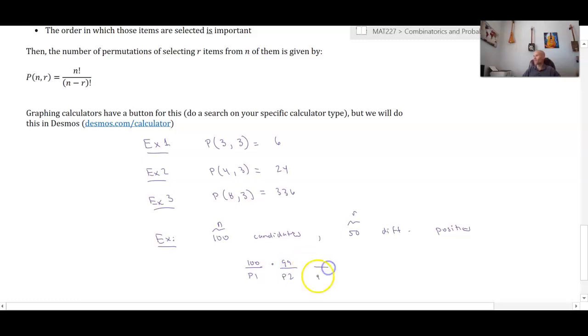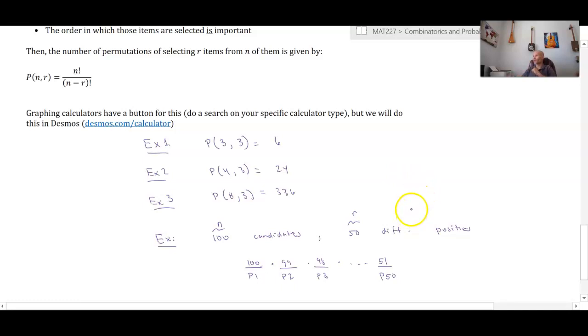And then for position 3, we have 98 candidates. You can see there's 50 of them. So this is actually going to have to go down to person 50, which, by the way, this is not going to be 50. This is going to be 51, because think about not counting at 99. You're not going 99, 98, 97, 96. You're going 100, 99, 98. And so that will get you down to 51.